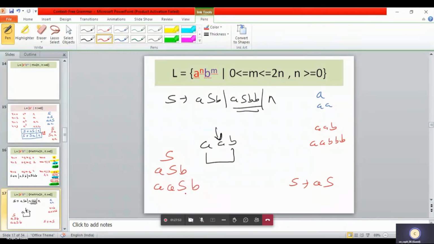Now if I replace S with one more ASB, still there will not be any problem. Here definitely we can derive our required string AB. If we go for the next level, I can have AASBB and we'll get the string AAABBB for n equal to 3. This is a valid string.